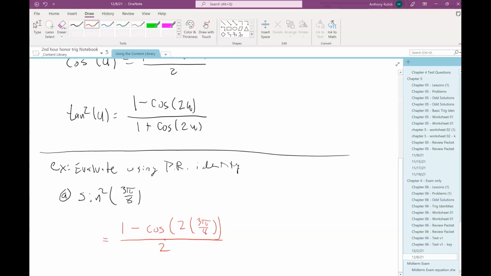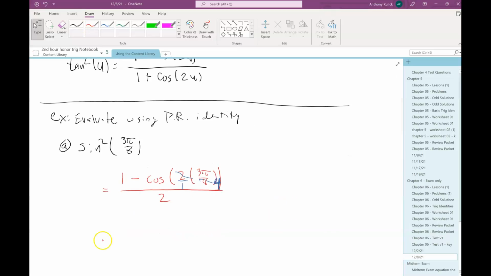So far, so good? So I'm going to start by just multiplying the 2 and the 3 pi over 8. So when I do that, things just reduce and I end up with 3 pi over 4. Which is great, because 3 pi over 4 is a unit circle angle.